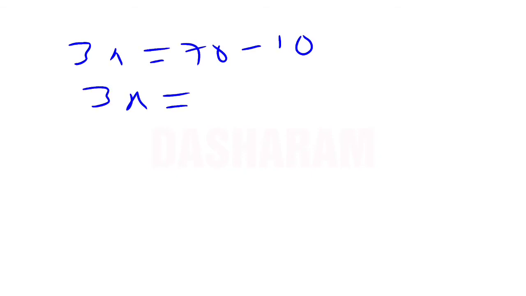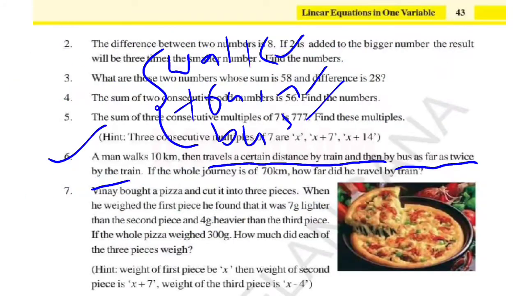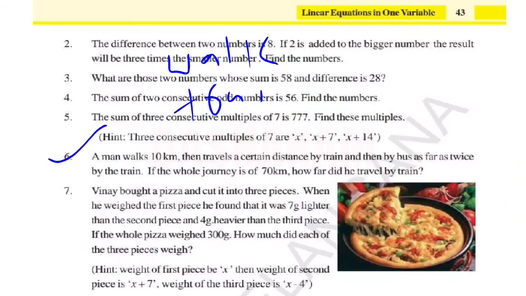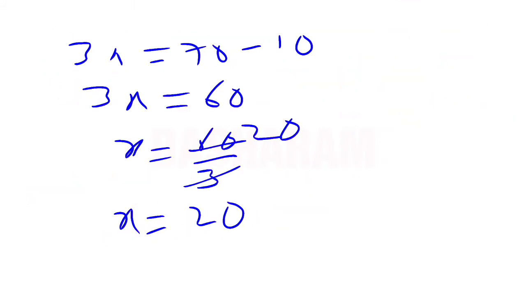So 3x equals 70 minus 10, which is 60. x equals 60 divided by 3. 3 ones are 3, 3 20s are 60. x equals 20. Here it asks only one answer, how far did he travel by the train? By the train x kilometers, and that x is 20. So 20 kilometers traveled by the train.